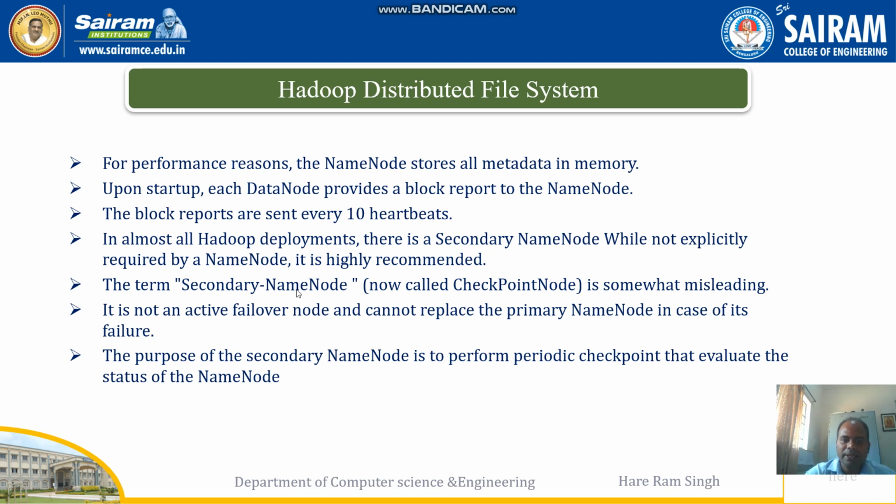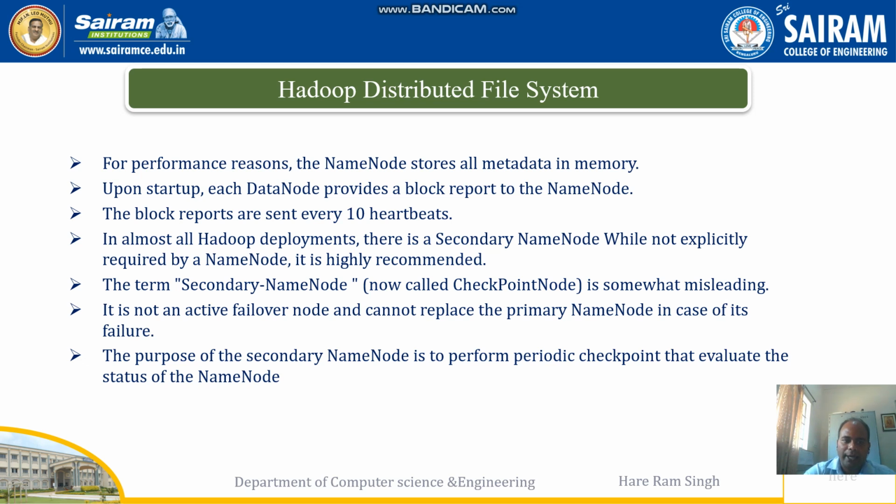The term secondary name node is somewhat misleading. No need to get confused about it. First of all, it should be clear that it is not a failure recovery of the primary name node. It stores only some list information which can be provided to the system admin in case the primary name node fails.